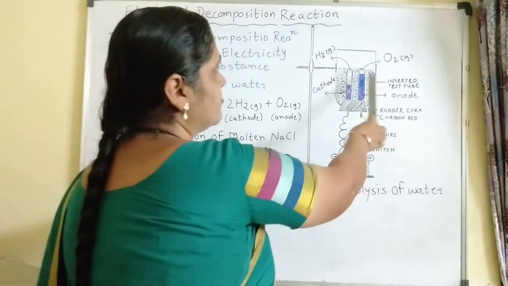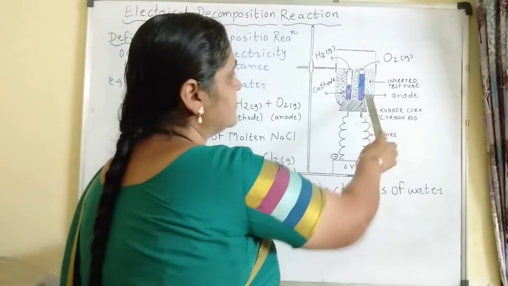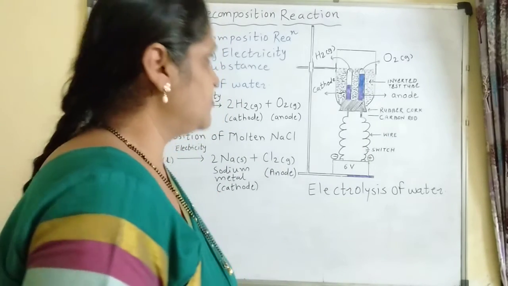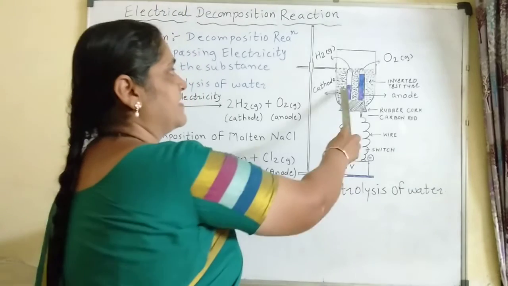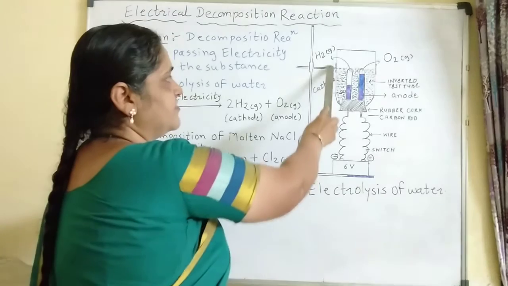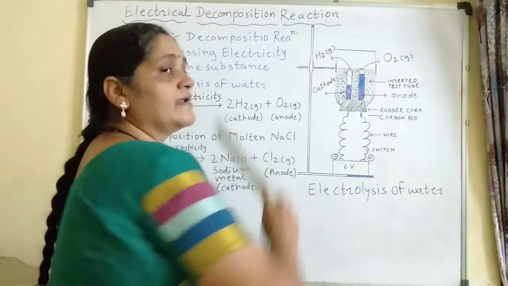These gases are collected over water when the electric current is passed through it. Thus two gases are formed, hydrogen and oxygen. Hydrogen gas is evolved at the cathode, and oxygen gas is evolved at the anode.